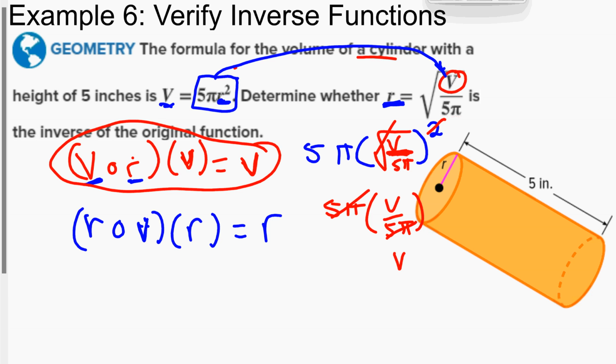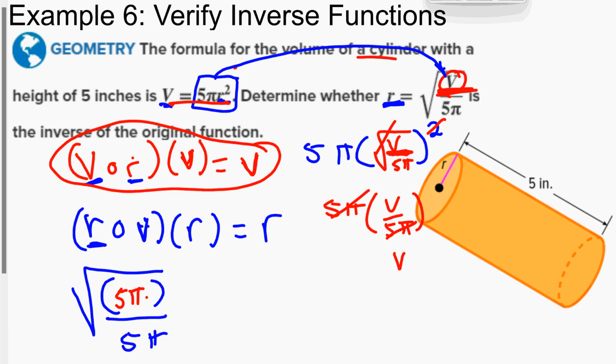Now we have to check this other one. We start on the outside, which is r. So r is the square root of v, so v I'm going to put in parentheses, over 5 pi. And then I want to plug in what v is. V is 5 pi r squared. Here I can simplify the inside.